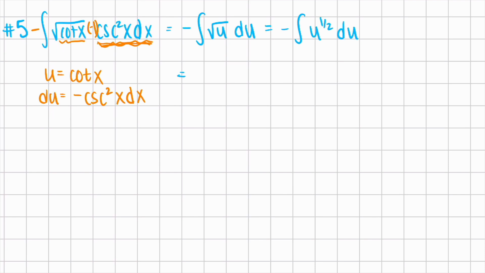And then we're ready to integrate. So I have my negative, 1/2 plus 1 is 3/2. Flip the fraction, and then don't forget the plus c. Last step, put your cotangent of x back in there. And we have our answer.